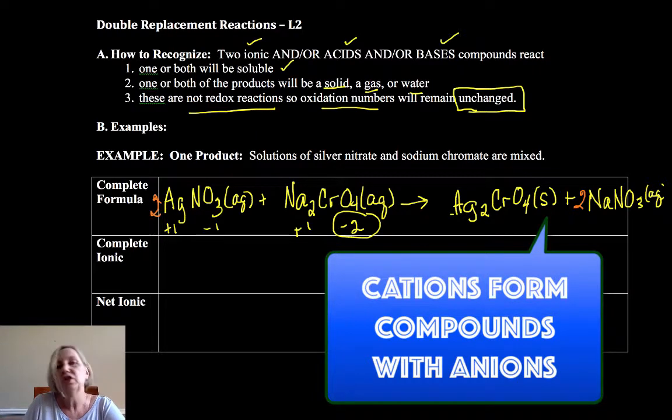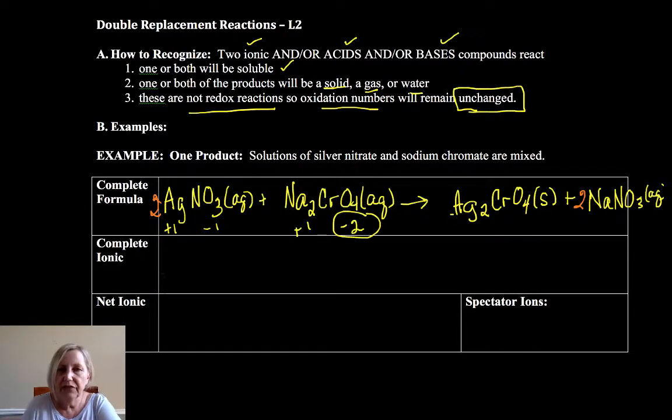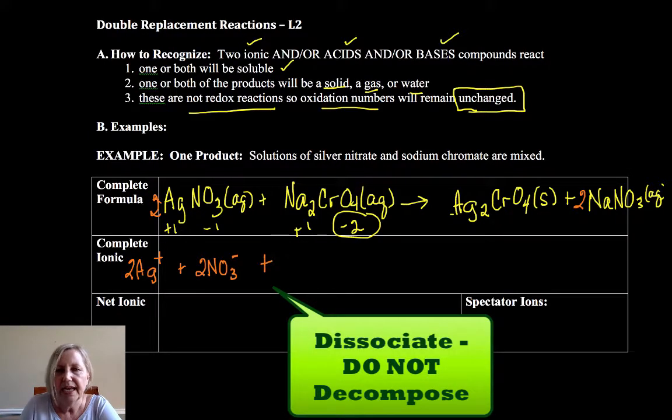Now to do the complete ionic, if it is a soluble salt, strong acid, or strong base, I'm going to separate it into cations and anions. I'm not going to put states here just because it gets a little bit messy, but you really would want to bring those states down. Sodium ion is my cation, and I have two of them, and they're swimming away. They're now surrounded separately by water.